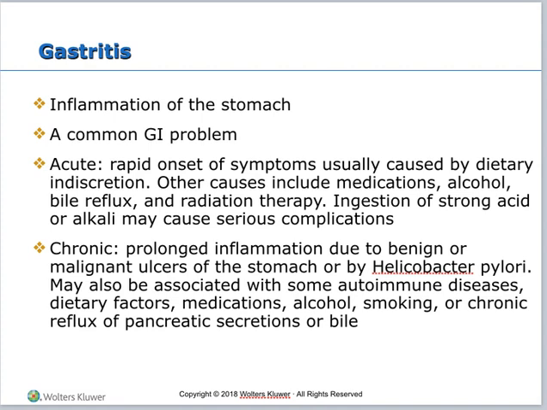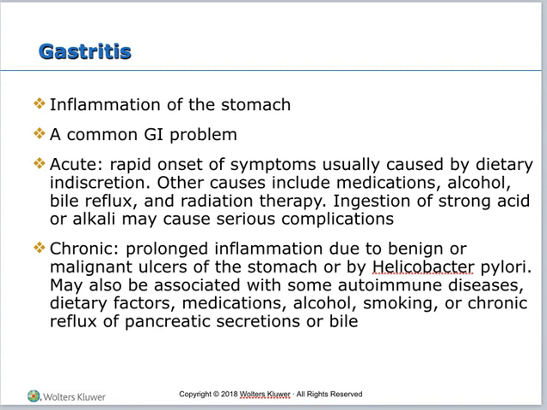Some doctors will treat it empirically, which means based on symptoms alone. The treatments that are common for gastritis are antacids, but remember that when we give antacids, we need to assess renal function to make sure that they can get rid of the excess magnesium safely through the kidneys.